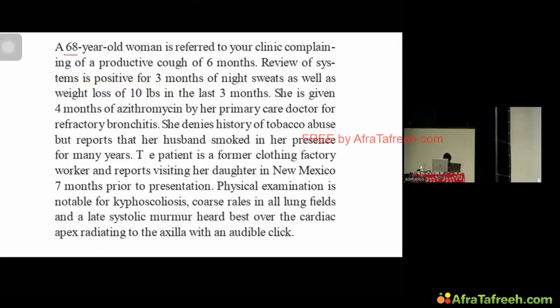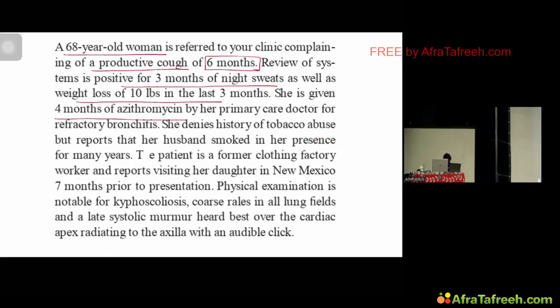A 68-year-old female is referred to your clinic with productive cough for 6 months. Review of systems is positive for 3 months history of night sweats, weight loss. She was given 4 months of azithromycin by her primary care doctor for refractory bronchitis. She denies any history of smoking or tobacco chewing. The patient was working in a clothing factory, and she had a recent travel to a country like Mexico.